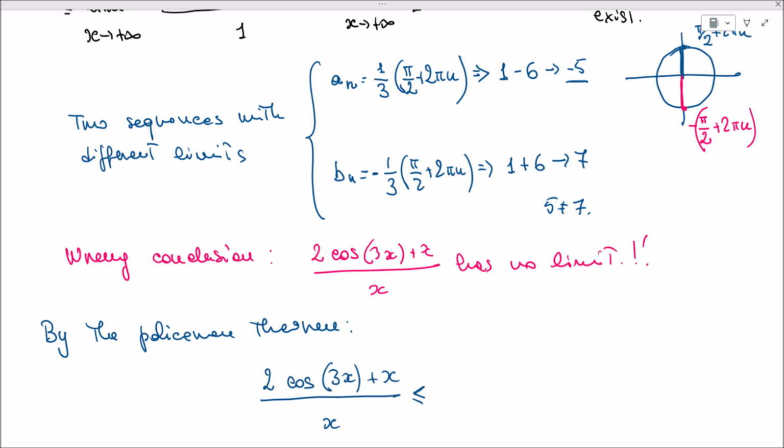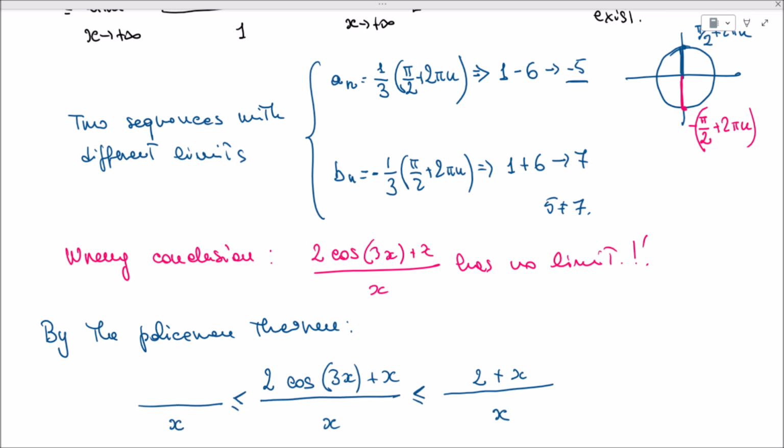So if we write the inequality, we need to have something to the right which is larger. So we keep the same denominator, but we'll replace cosine of 3x with just 1. Okay, so we get 2 plus x on the right, and on the left we will replace with something smaller.